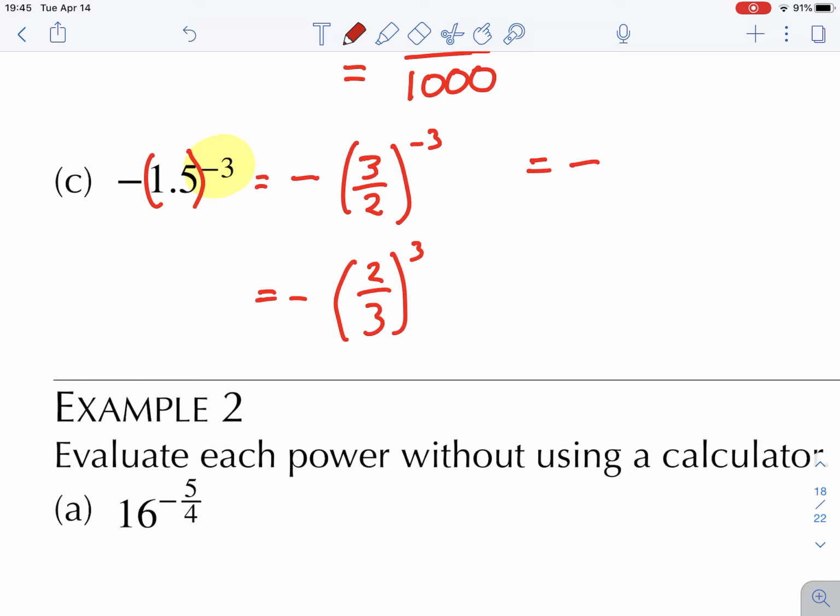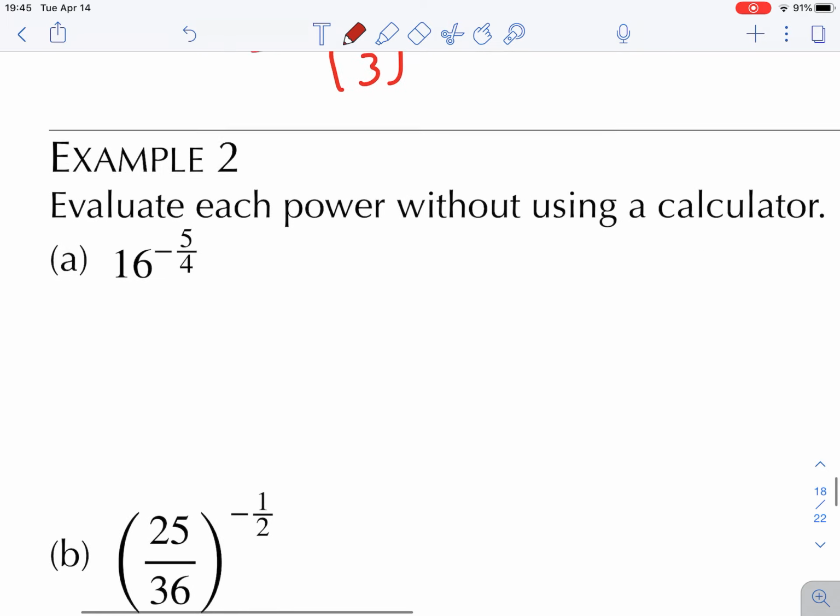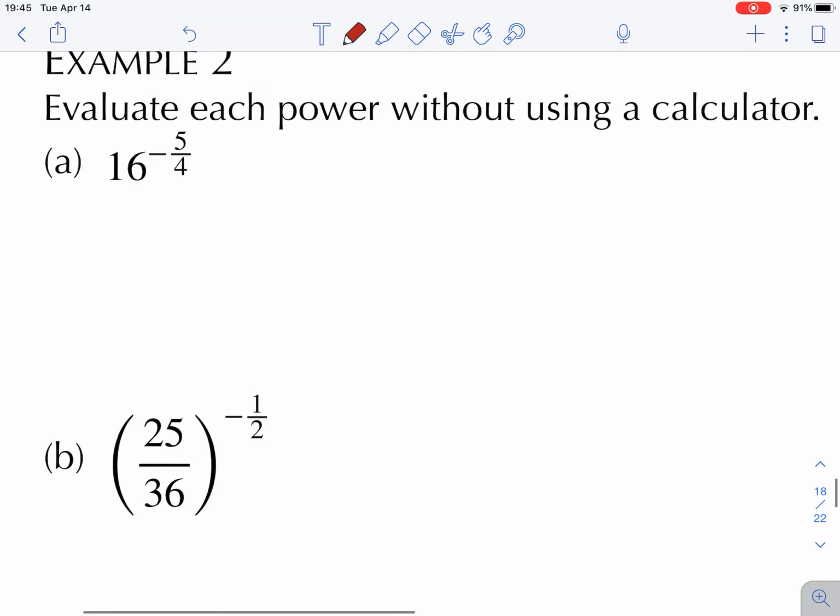Then I have to raise them both to the power of 3. So I get negative, and then my fraction is going to be 8 over 27. Now, to me, that's easier than multiplying out 1.5 times 1.5 times 1.5, or doing the reciprocal of 1.5 times 1.5 times the reciprocal of 1.5. It's just easier to work with a fraction.